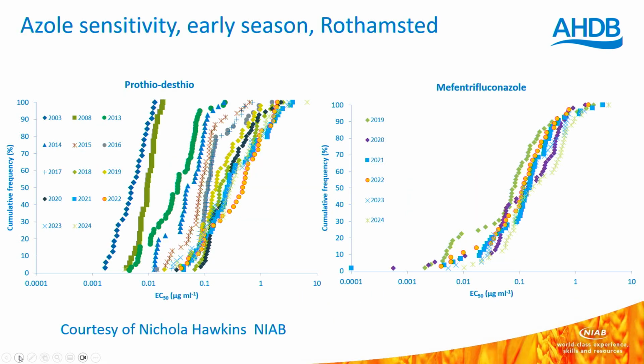Very quick mention of fungicides. These are two slides. This is a slide kindly given to me by Nicola Hawkins at NIAB. What this shows is prothiaconazole on the left-hand side here, and this is Septoria and azole sensitivity. You can see that as the years go by, the population is shifting to the right, and that is the gradual emergence of less sensitive isolates as time goes by.